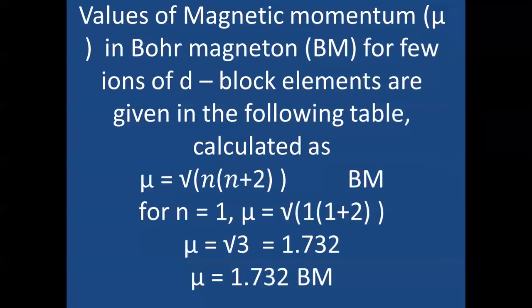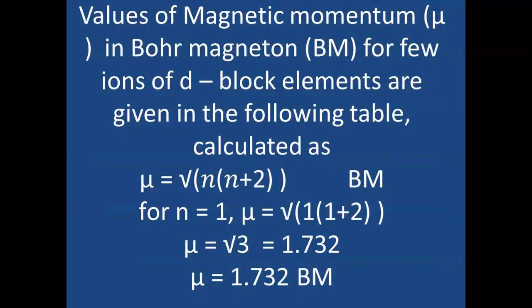As I told you, the value of mu increases with increasing number of unpaired electrons. So it will be 2.75 if n is equal to 2. In some ions where n is equal to 3, it is about 3.8. In this way, it increases.